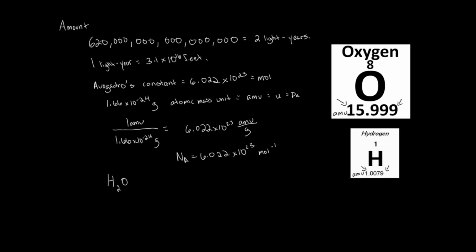And so we're going to say that 1 AMU per hydrogen atom, and we know that 1 gram is equal to 1.66 times 10 to the negative 24. Oh, no, that's not right. That's backwards.